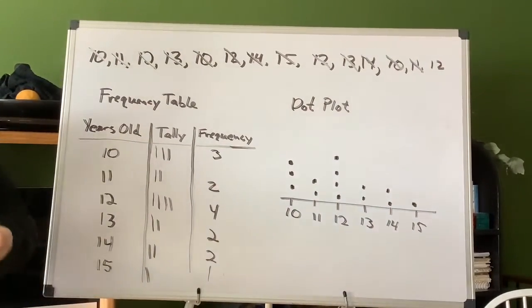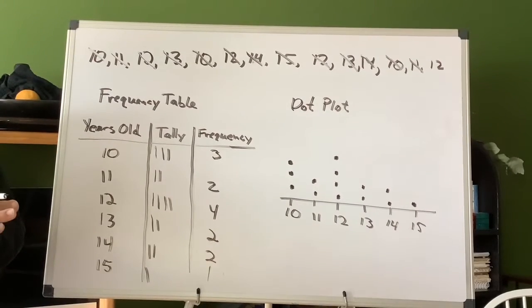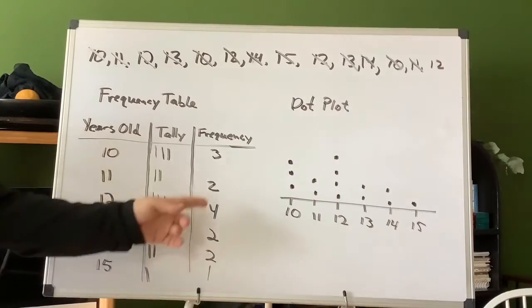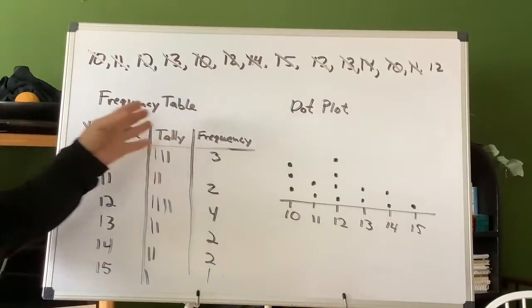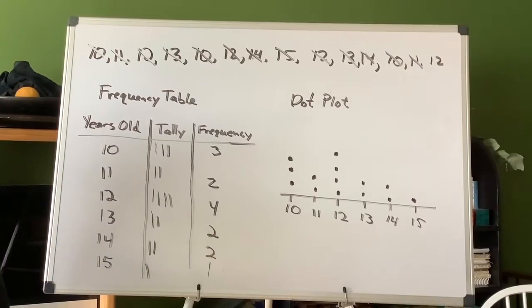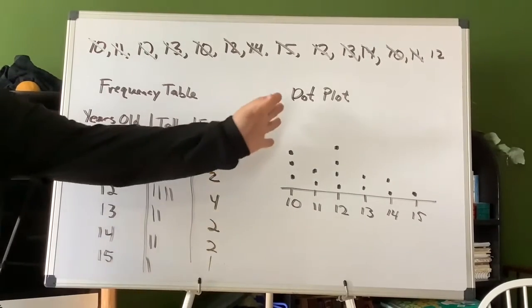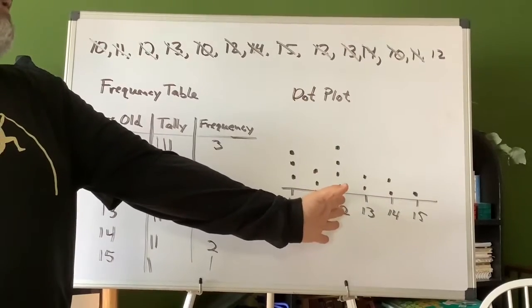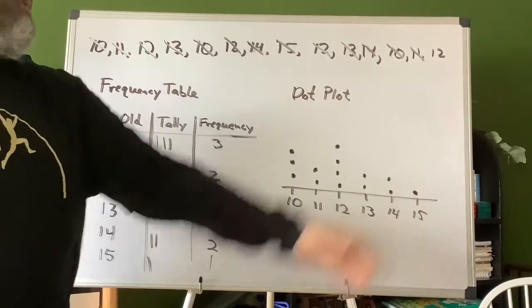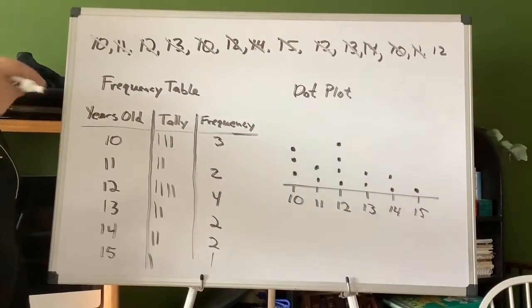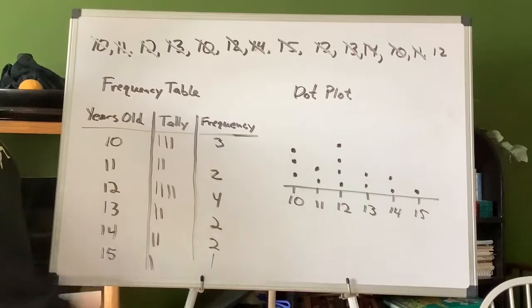In other words, there aren't going to be any like 10.5s or 10.7s or 10.8s, there's no decimals. In this case, this is years old, but you're not going to have 10 and a half years old or 11 and a half years old. That's how many 10-year-olds we have, that's how many 12-year-olds we have, you get the idea. So, the Khan Academy video was excellent, but I just wanted to show you that real quick.